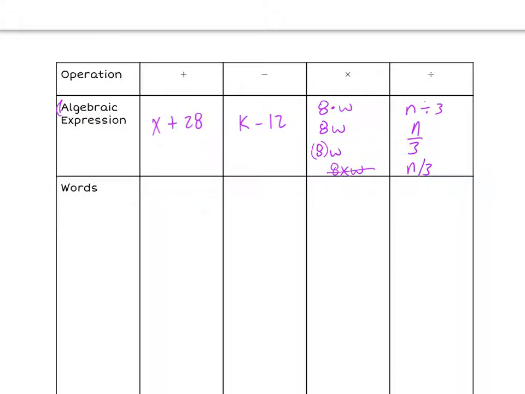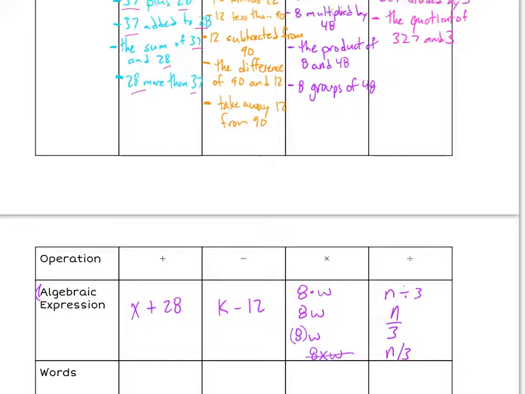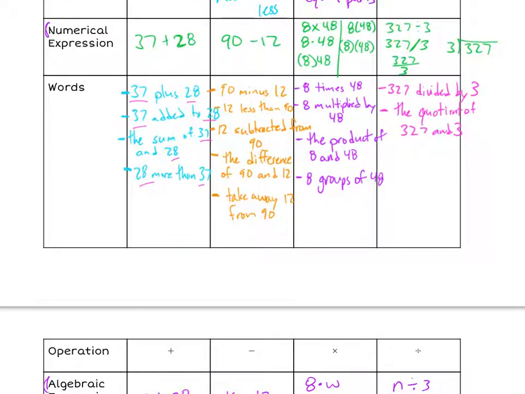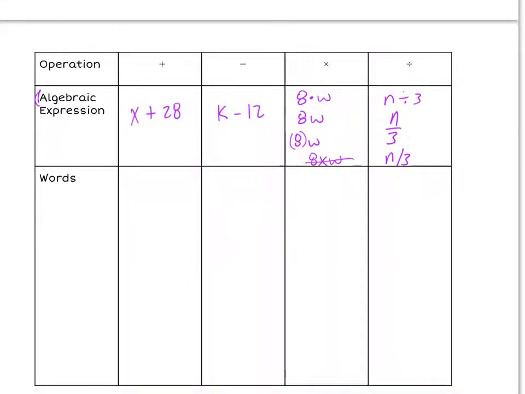Instead of writing 37 plus 28, you would have just written x plus 28. So I'm going to just say, see above. Those words work the same for both algebraic and numerical.